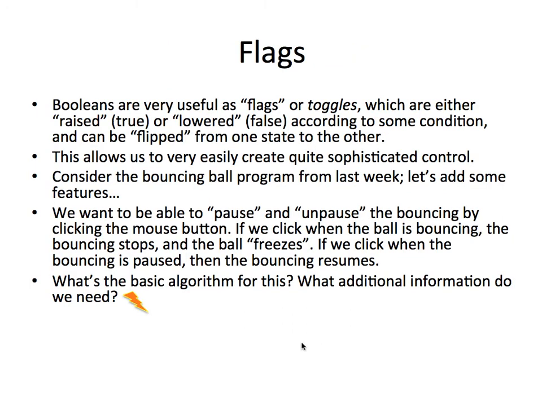Now, Boolean variables come in particularly handy when we want to implement what we call flags. Just as in real life, a flag is a signal. For example, in football, the flag goes up when someone's offside. In programming, a flag is like a toggle switch, which can be flipped either on or off to denote that the program is in some state or another state.